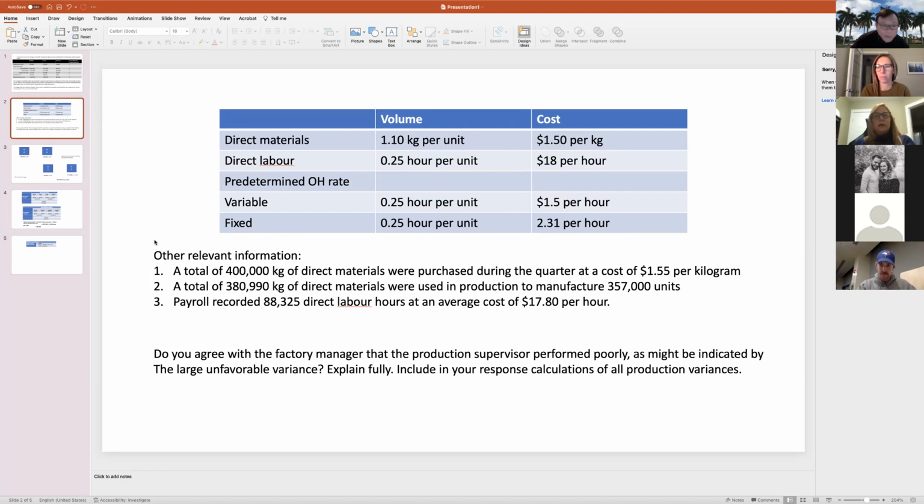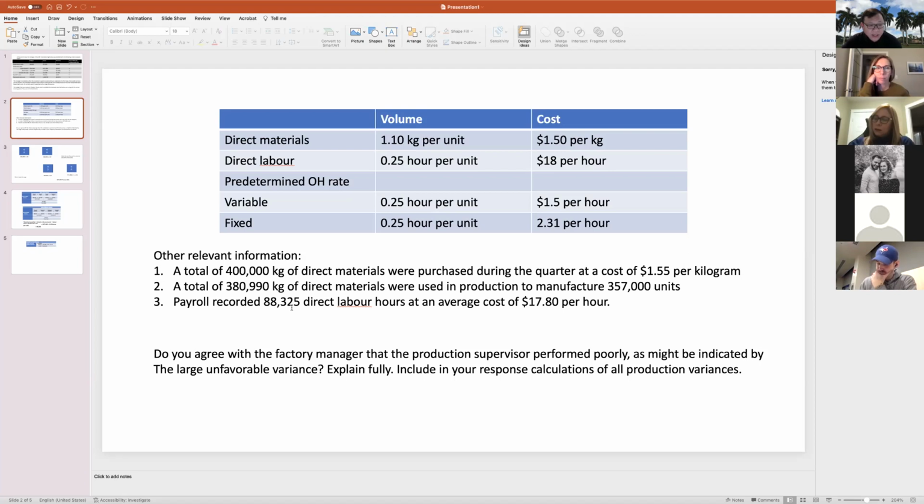Okay, we were also provided with additional information here. So a total of 400,000 kilograms of direct materials were purchased during the quarter at a cost of 1.55 per kilogram. A total of 380,990 kilograms of direct materials were used in production to manufacture 357,000 units.